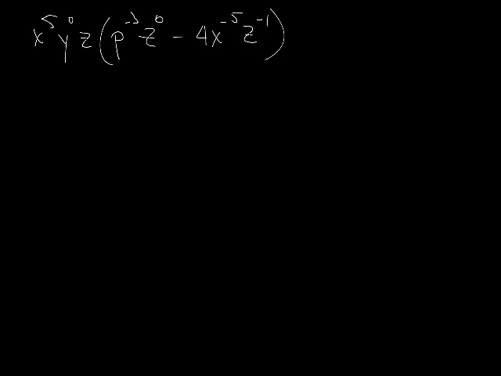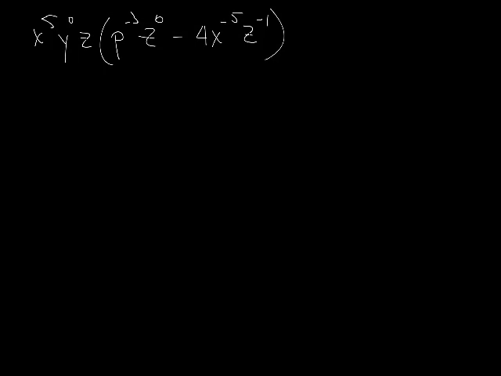Alright, so let's keep going here. Let's look at 29(7). We have x to the 5th, y to the 0 power, z, and we're going to multiply that by p to the negative 3, z to the 0 power minus 4x to the minus 5, z to the negative 1. First of all we're going to use distributive.